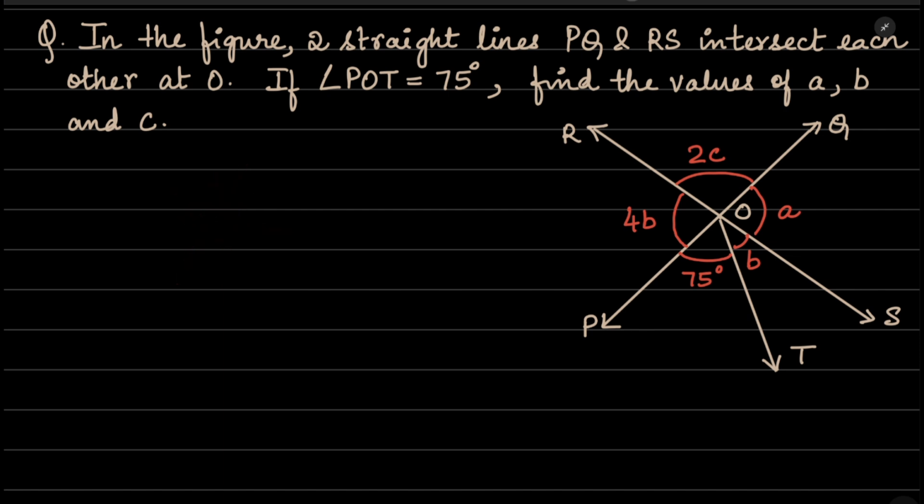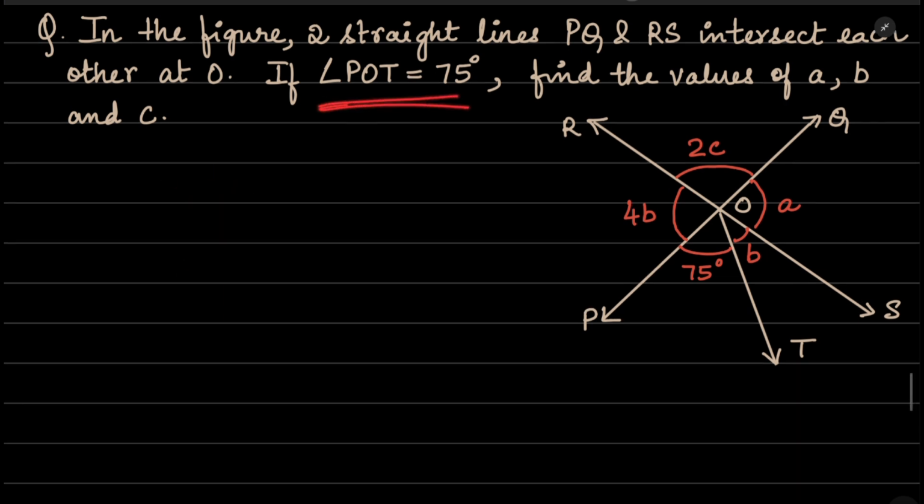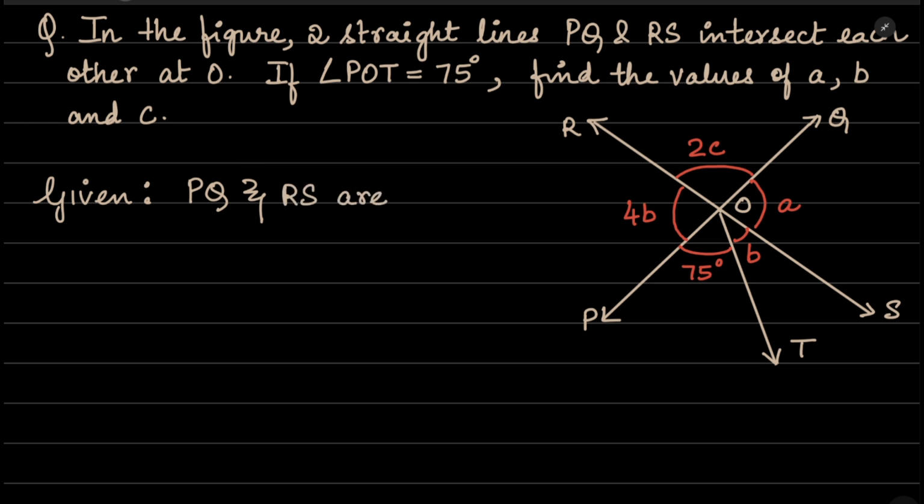So if POT, one angle is given. POT is 75 degree. Find the values of A, B and C. Okay, so let's write what is given. Things which are given are PQ and RS are straight lines.